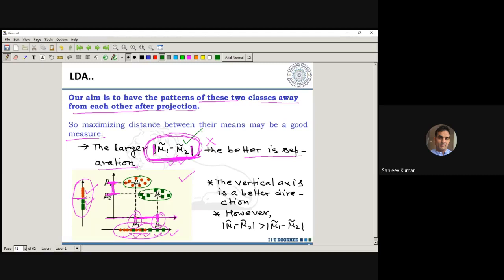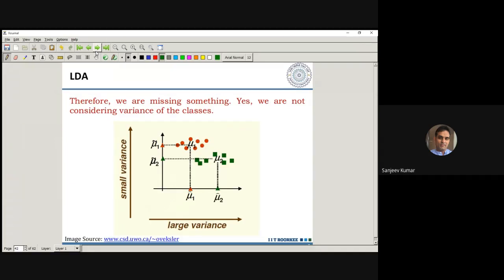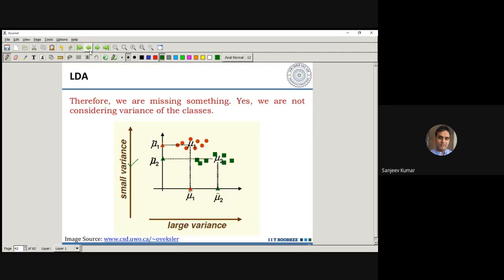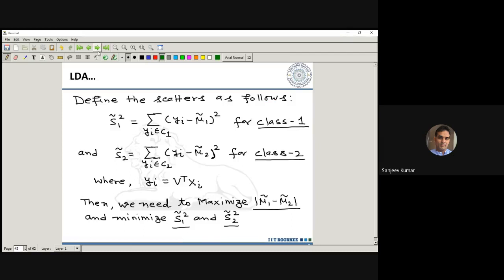And the second criterion is that in that direction I must have the scattering of the data minimum for each class. So I will follow these two criteria.